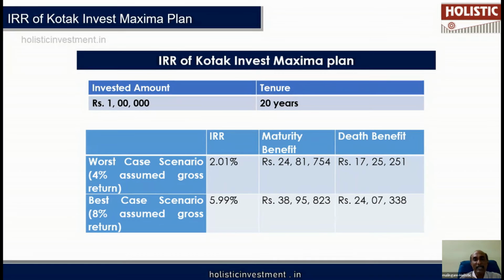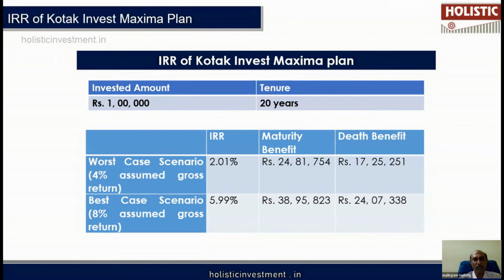This is definitely a negligible return. This is lower than your savings bank account return. Next is 5.99% return. 5.99% return is the best case scenario return. Even at 8% gross return, it works out to 5.99% because of the charges.